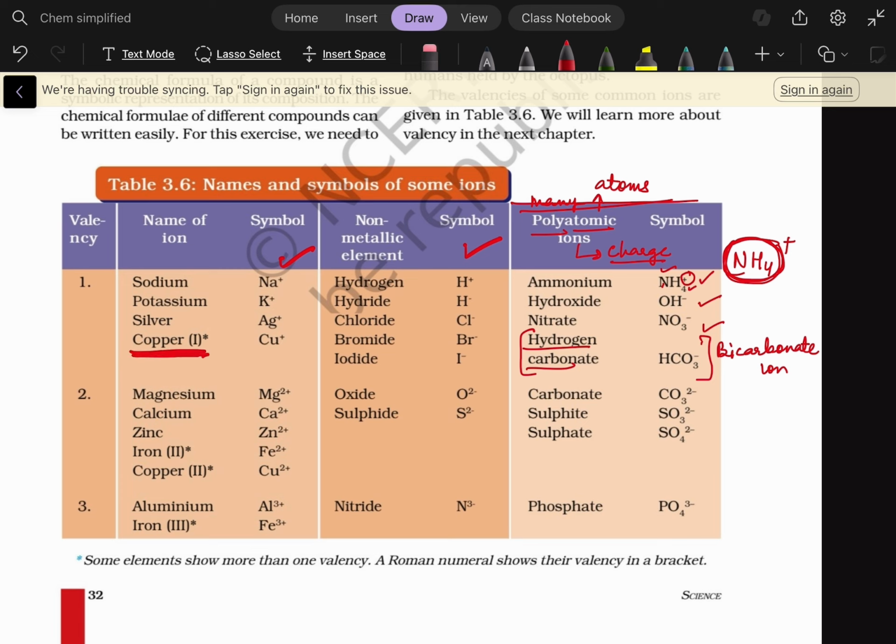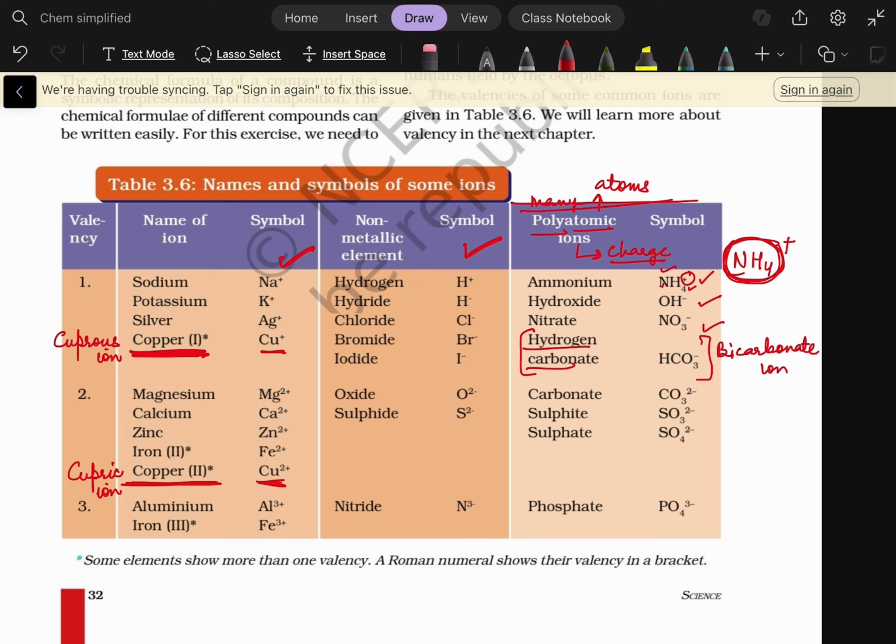Copper 1 means this copper has 1 unit of positive charge, because copper has two different ions with different units of positive charges. So the copper with one valency has 1 unit of positive charge, and this is Cu2+ with 2 units of positive charge. So if I have to name these ions, I call this cuprous ion, and this copper 2 as cupric ion.